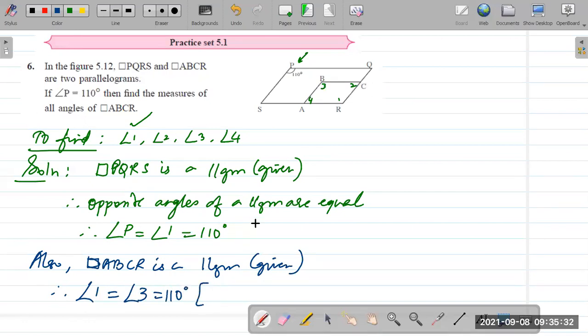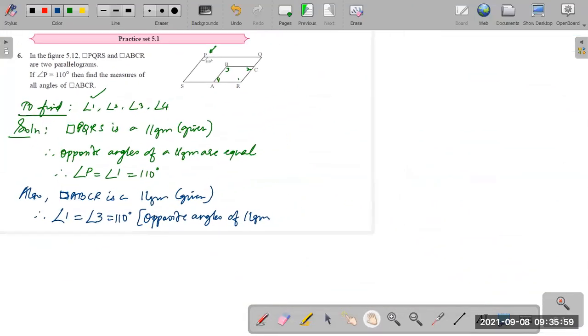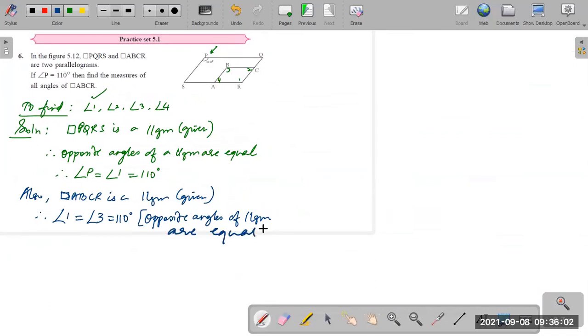The reason, either you mention it in bracket like this or you mention it first. Both the ways work. So opposite angles of parallelogram are equal. So far we have got angle 1 and angle 3.